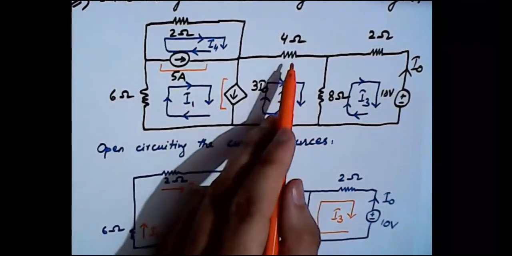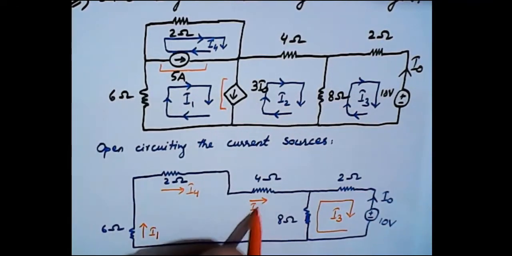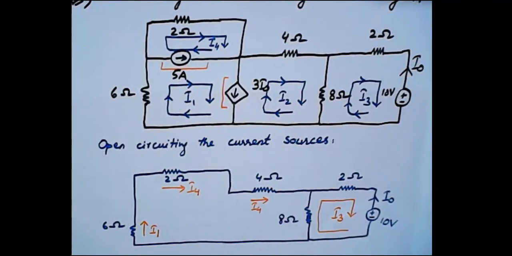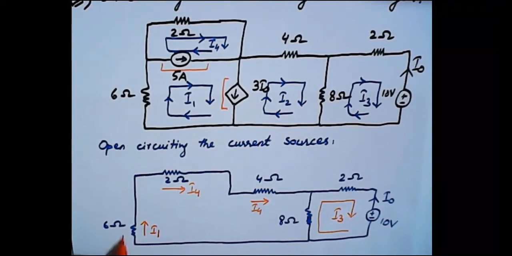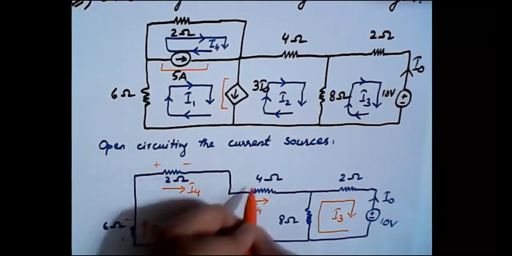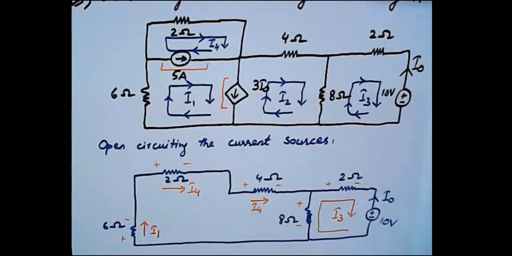Through the 4 ohms resistance, which current is flowing? I2 is flowing. Now I hope you are clear about it, right? So this will be the current, and of course we need to define the polarities also, plus minus, plus minus, plus minus, right?